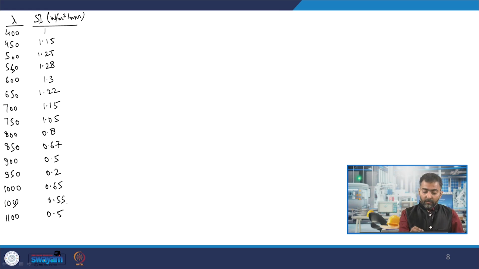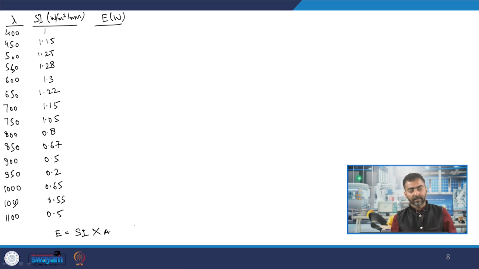And now we need to find out how much is the total energy incident at each wavelength. Now that is quite straightforward. The energy incident on a given wavelength will be the spectral intensity in watt per meter square per nanometer multiplied by the area of the solar cell, in this case 4 centimeter square. You convert that into meter square because the spectral intensity values are in SI units.